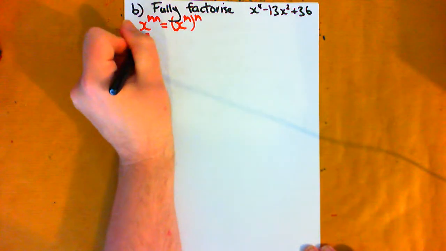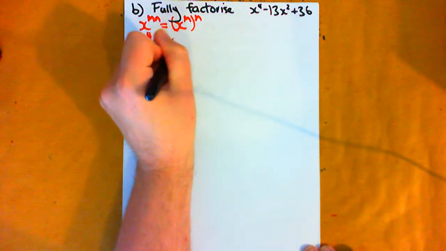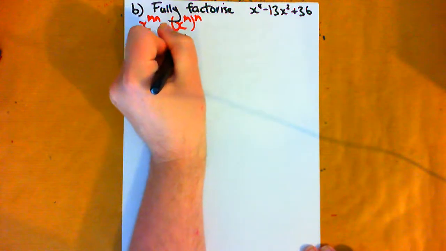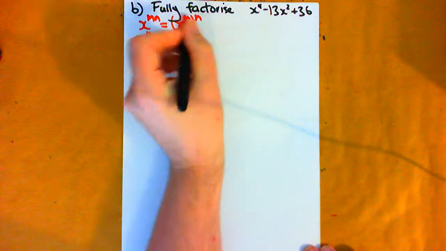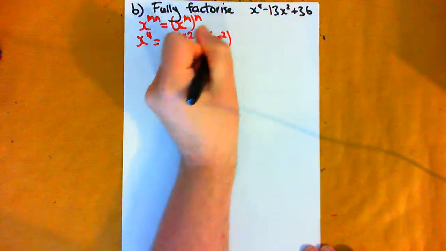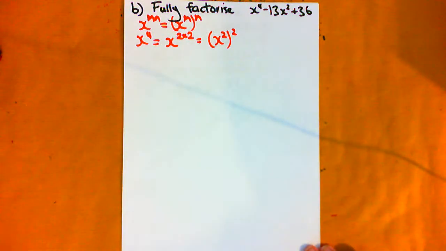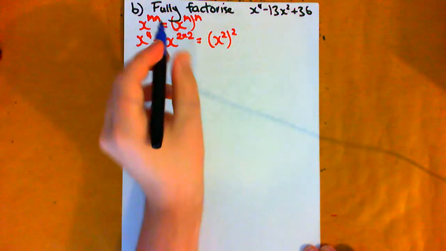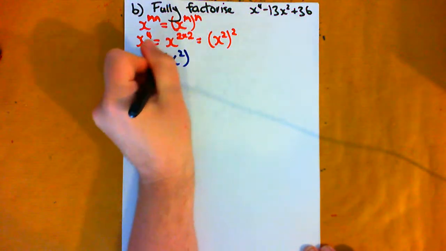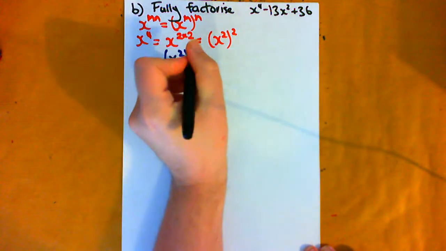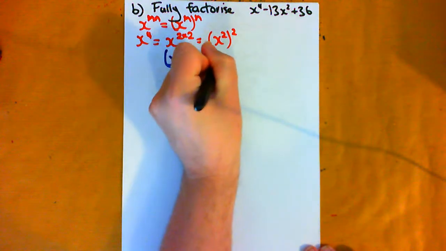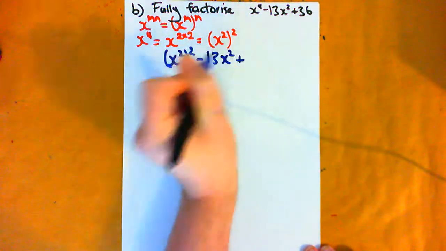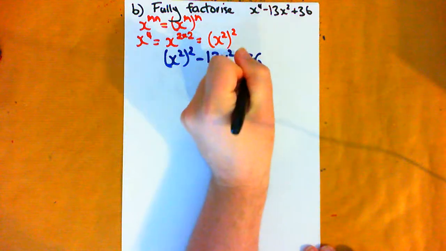So x to the 4 we can say is x to the 2 times 2, because 4 is 2 times 2, which is x squared squared. So we can write this as x squared squared minus 13 times x squared plus 36.